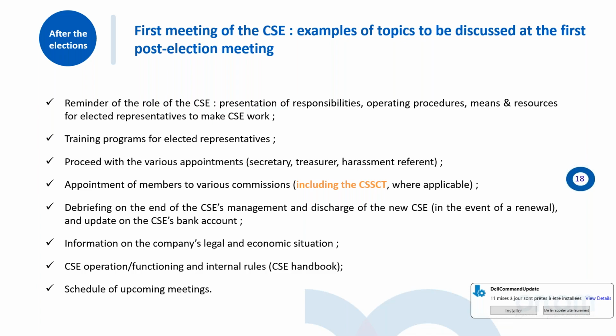This is the occasion to set the rules. You can also talk about the means and resources for the representatives to make the CSE work. For example, will they have specific premises?